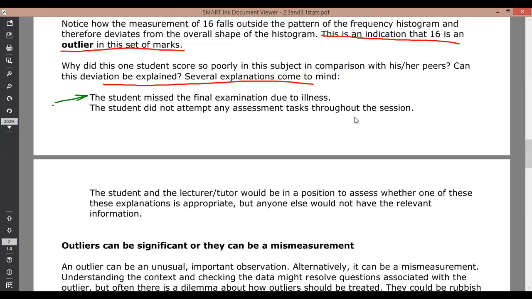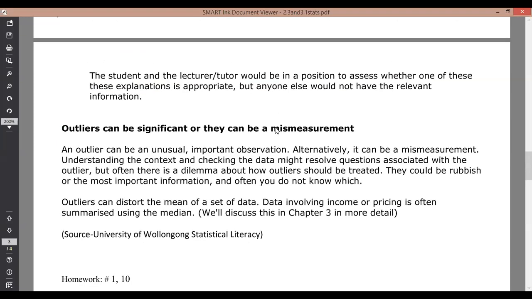A 0 on a final brought them down. Or the student didn't try any assessment throughout the session. They were lazy, right? The student and the lecturer would be in a position to assess whether one of these explanations is appropriate. Anyone else might not have the relevant information. So interpretation of outliers and how you treat them, to some extent, depends on your background experience with the data that you're studying, okay?